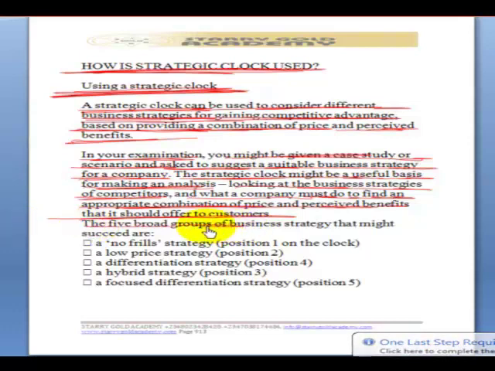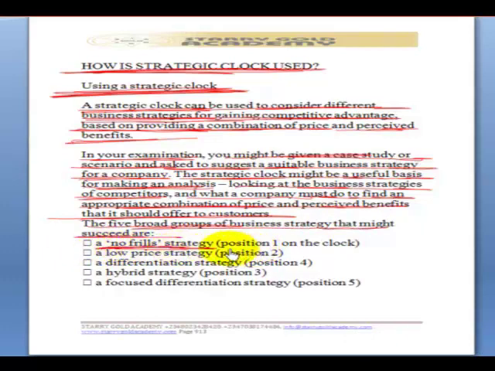So the 5 broad groups of business strategies which might succeed are: we have a no-frills strategy, which is position 1 on the clock. We have a low price strategy, that is position 2 on the clock. We have a differentiation strategy, that is position 4 on the clock. We have a hybrid strategy, that is position 3, and we have a focused differentiation strategy, that is position 5 on the clock.